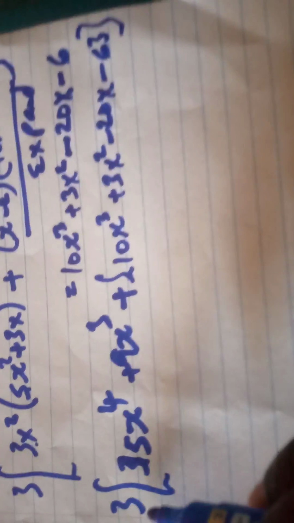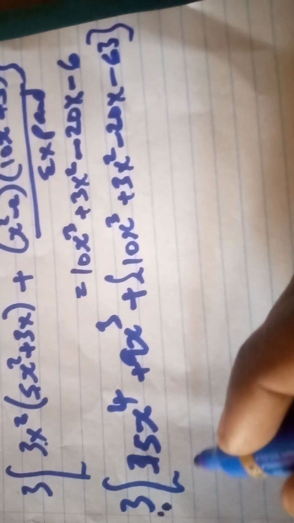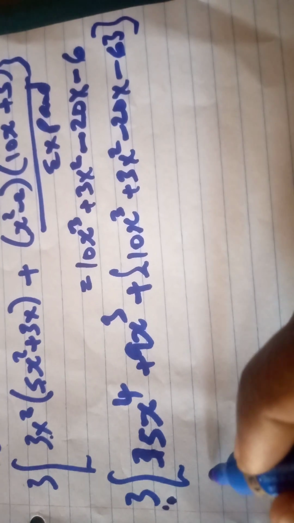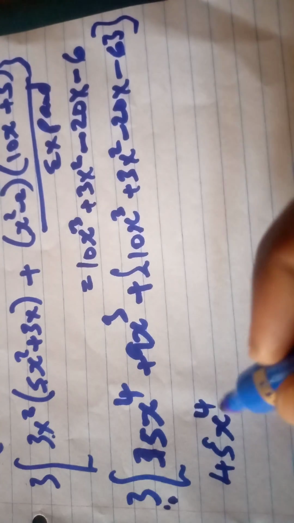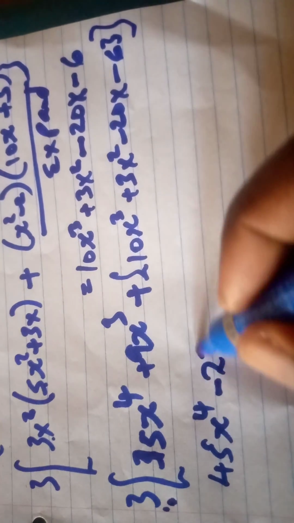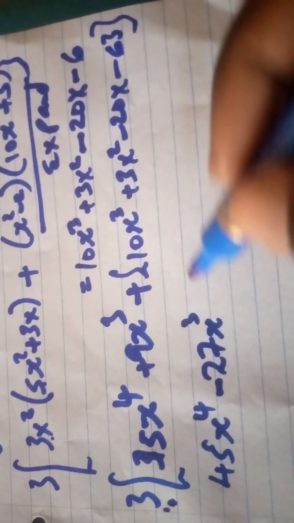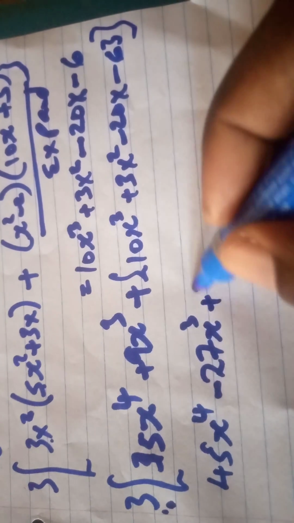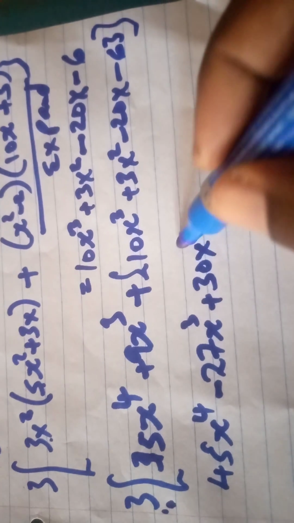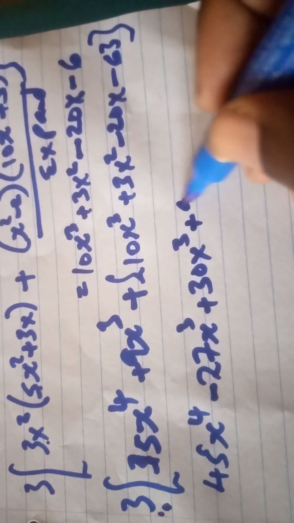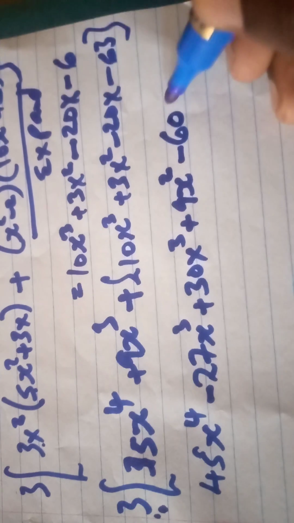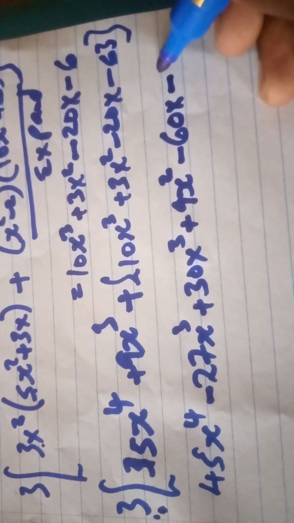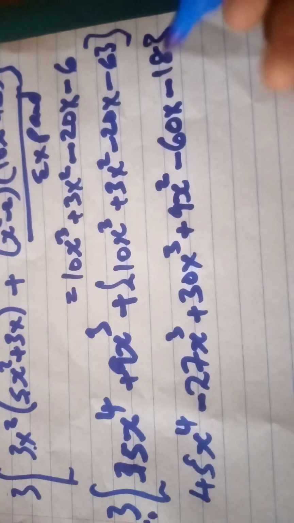So I can decide to open the whole bracket by these 3, and step by step this is going to be 45x power 4 minus 27x cubed plus 30x cubed plus 9x squared minus 60x minus 18.